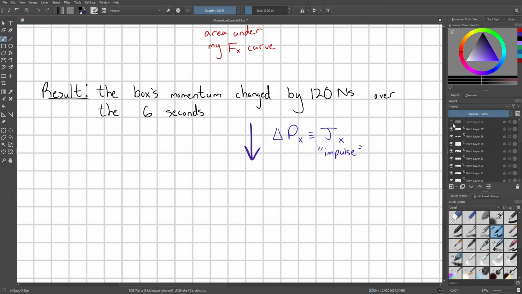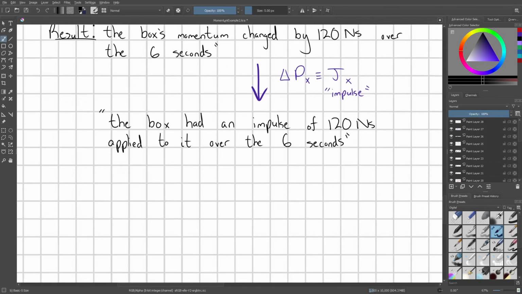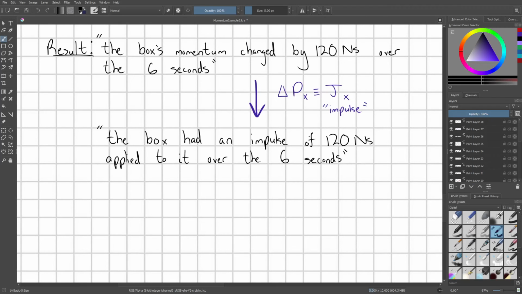We call this impulse. So we could also read this same statement from above as the box had an impulse of 120 Newton seconds applied to it over the 6 seconds. So an impulse is really just a fancy way of saying a change of an object's momentum.